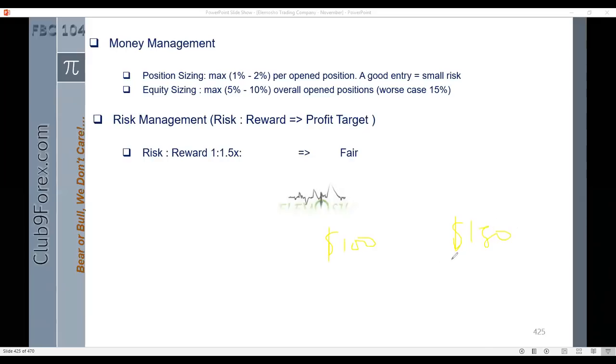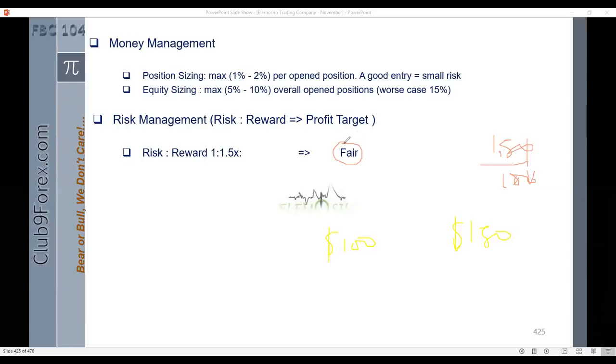So this is 1 to 1.5. That means 150 divided by 100 is 1.5. So your risk reward is 1.5. So if most of your positions are usually 1 to 1.5, your portfolio risk level is actually fair.